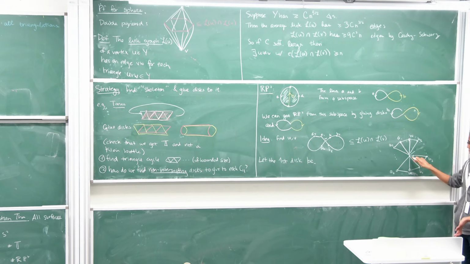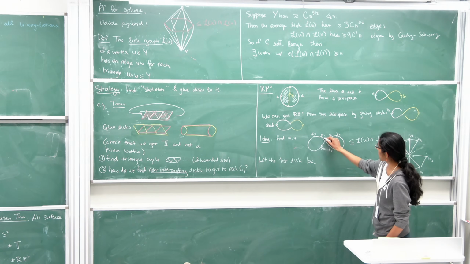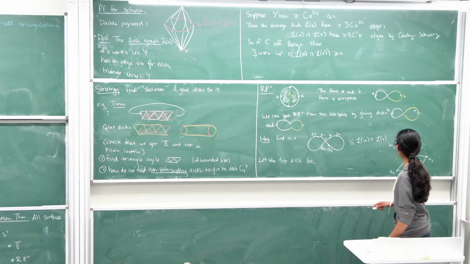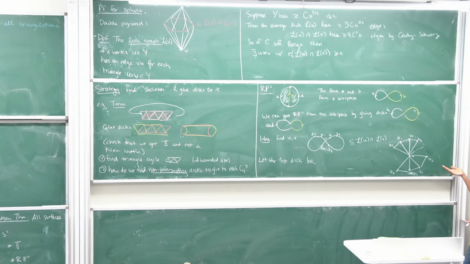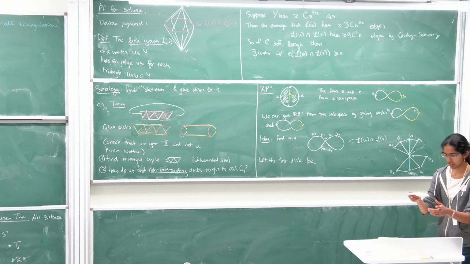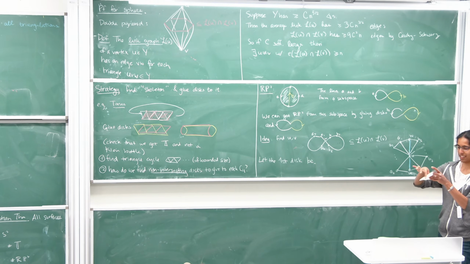So I'm going to find a bunch of triangles centered at U, and I'm going to just say, let's follow my two cycles along this loop, and let me build a disk this way. And unfortunately, this thing I've drawn isn't a disk, and the reason it's not a disk is because this one simplex shows up twice. So it's not quite a disk, it's more of a disk with a line glued together.